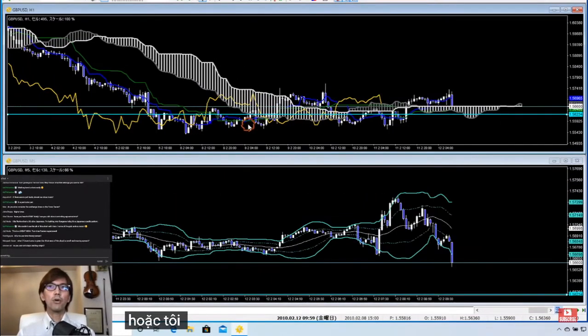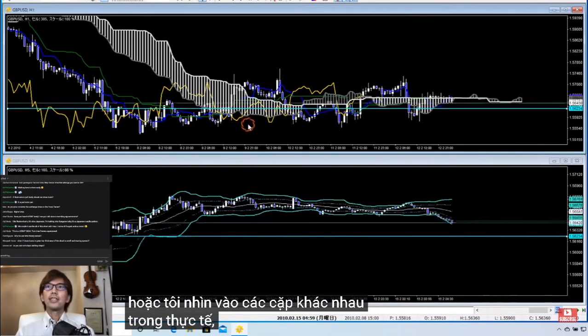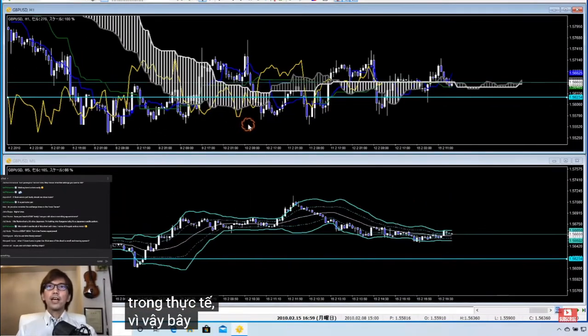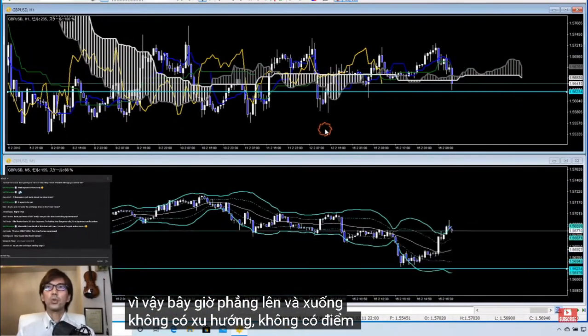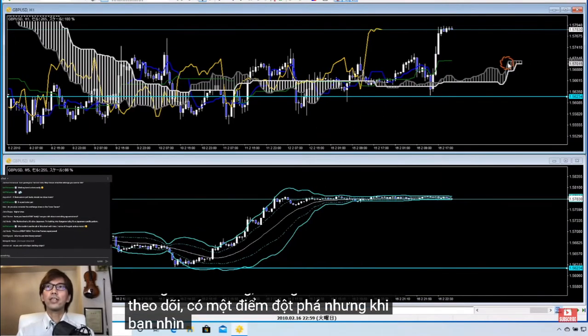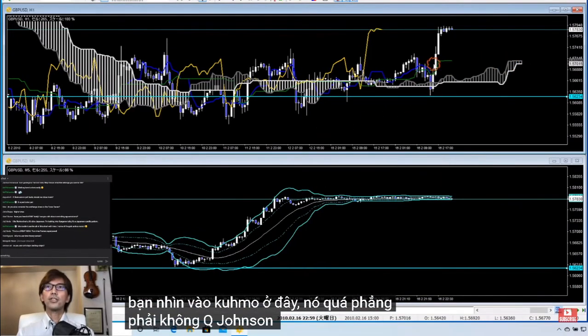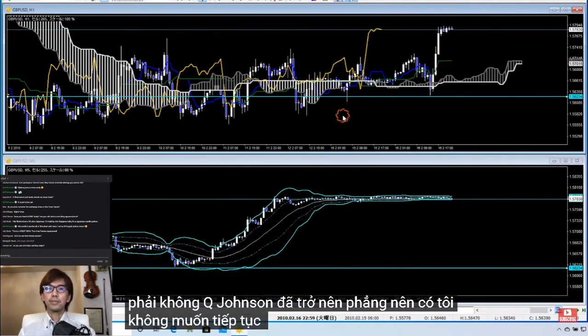I switch the time frame or I look at different pairs in reality. So now it's flapping up and down. There's no trend, there's no point to take trades. There is a breakout, but when you look at the Kumo here, it's still flat, right? Kijun Sen became flat, so I don't want to take buy yet.